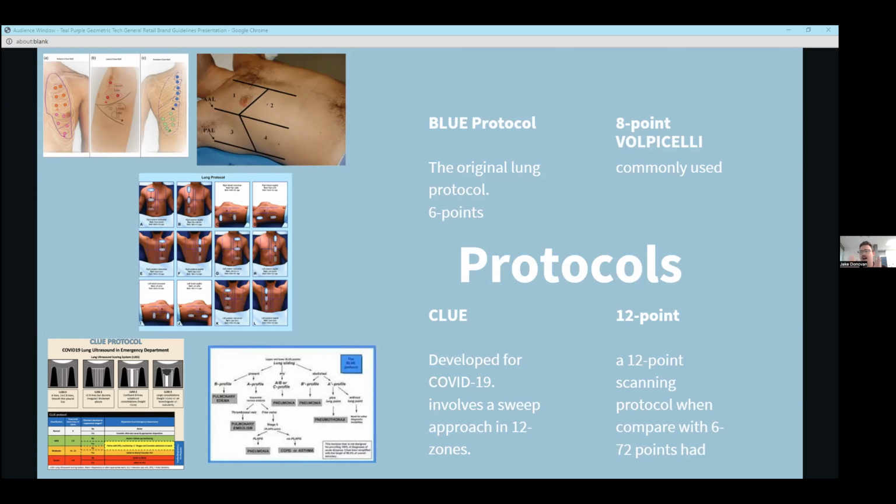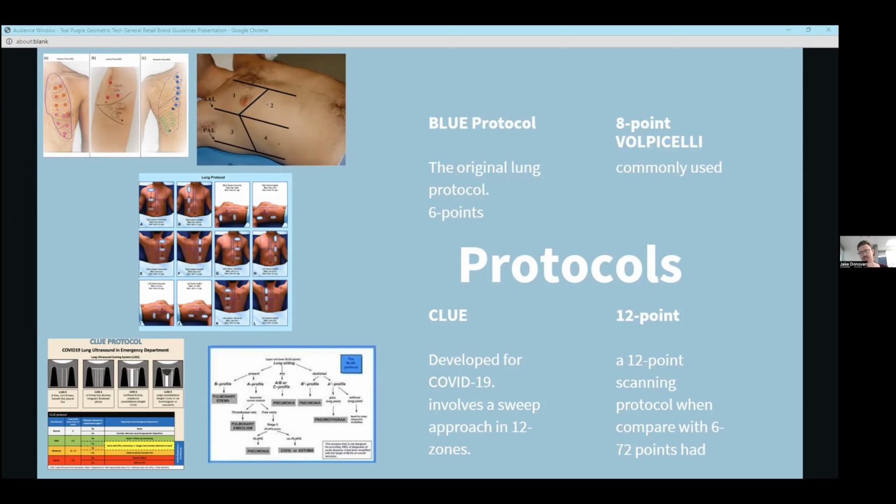So it really highlighted to me the trade-off between accuracy and efficiency that you have to take. I don't think anybody in this meeting or anybody in an emergency department is really going to be interested in doing a 72-point lung scanning protocol because it's going to take way too much time.